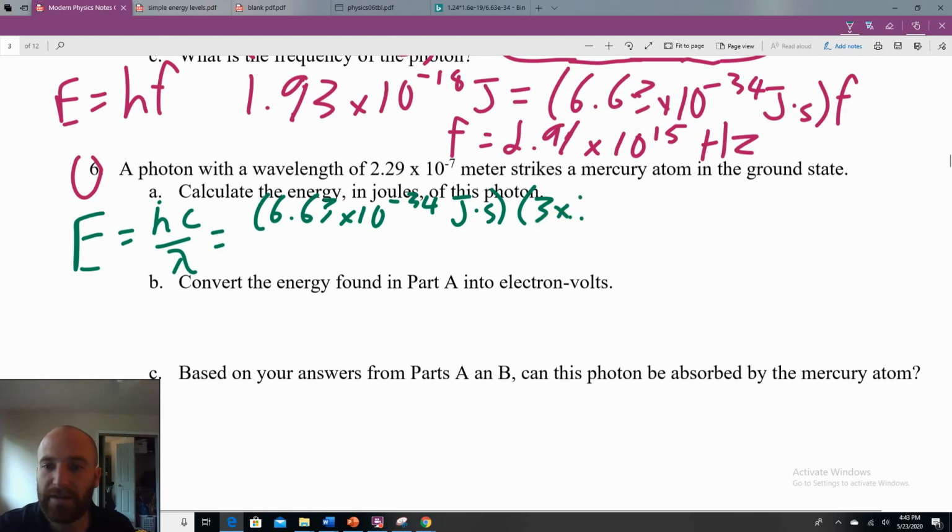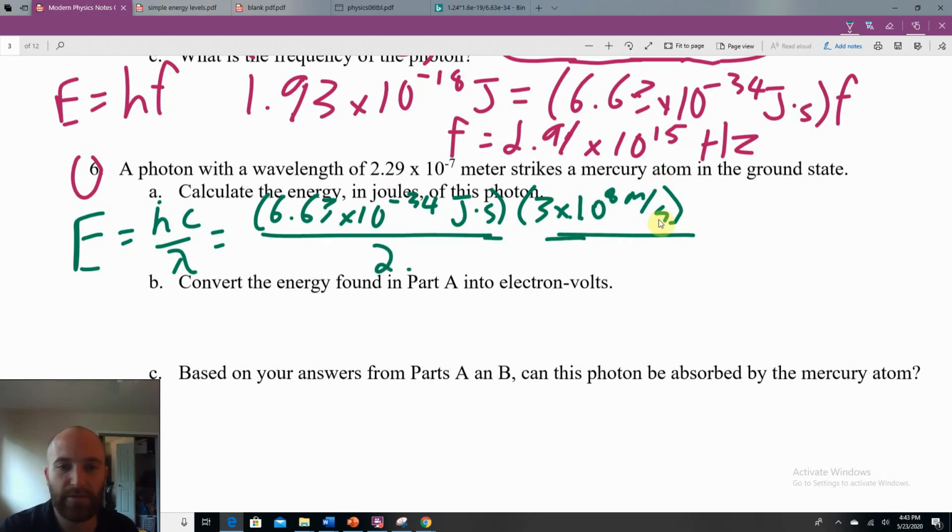The speed of light, c, is always 3 times 10 to the 8th meters per second. And then the wavelength lambda was given in the problem. That's that 2.29 times 10 to the negative 7 meters.